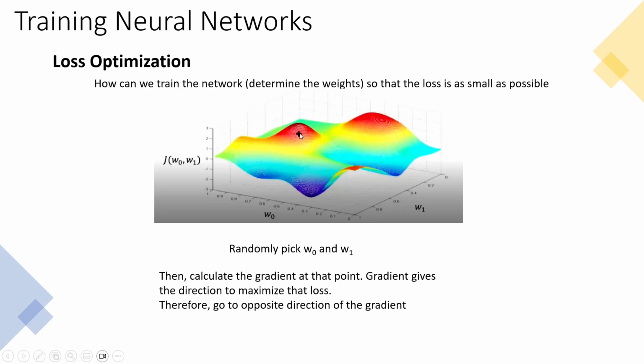But we want to minimize the loss. We don't want to maximize the loss, right? We just want the opposite of that. So we take the opposite direction of the gradient because we would like to minimize the function. We don't want to climb the hill. We want to go down the hill. So we get the gradient and then we take the opposite direction of the gradient.